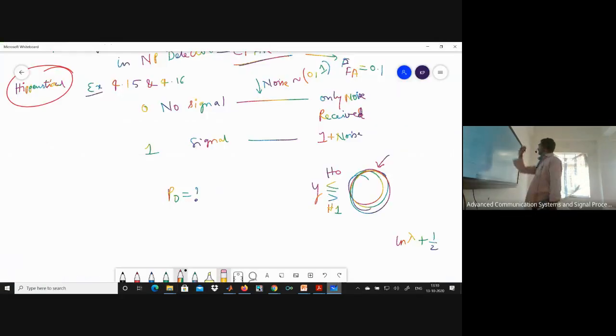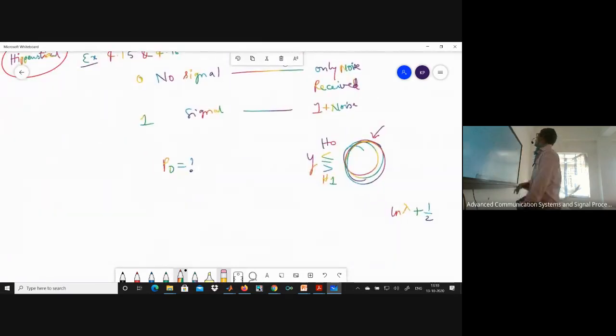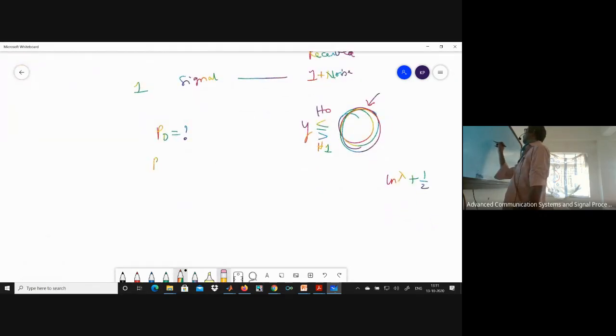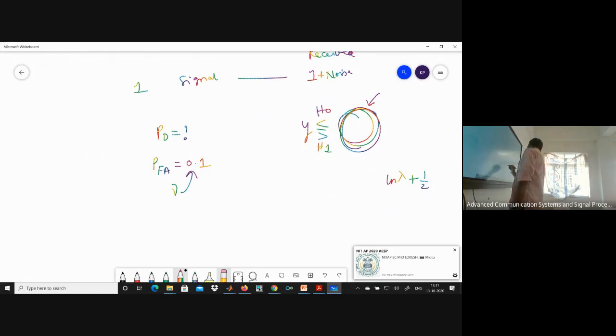Okay, I will do it myself, see. If I'm not wrong, there is nothing much here. So the probability of false alarm is equal to 0.1, which is given. That is sufficient. So what value of gamma will give me the probability of false alarm 0.1? From that you can decide y greater than or less than gamma for H1 and H0, and I believe this is 1.29.